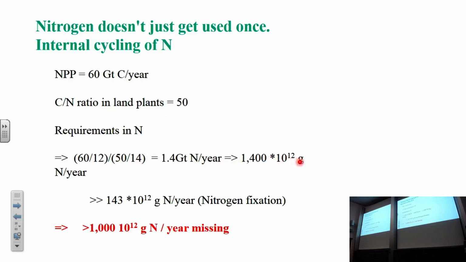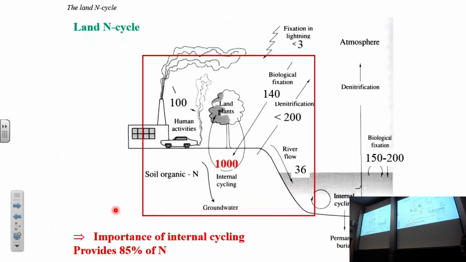You get this number here, which is quite big, and it turns out that you would need about 1,400 teragrams of nitrogen. And if you actually look at how much is actually fixed, it's only 143 teragrams. So there's some missing, and this missing is basically this recycling.